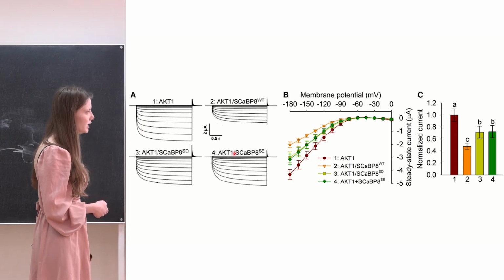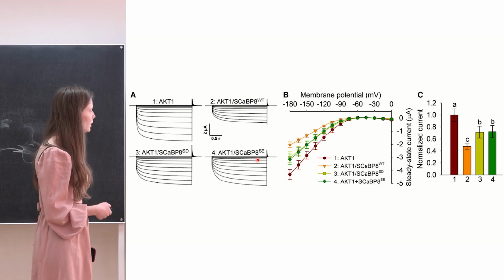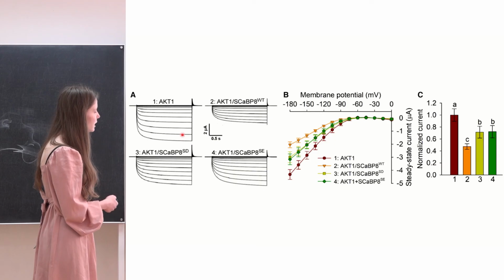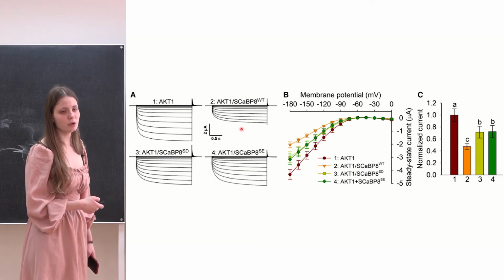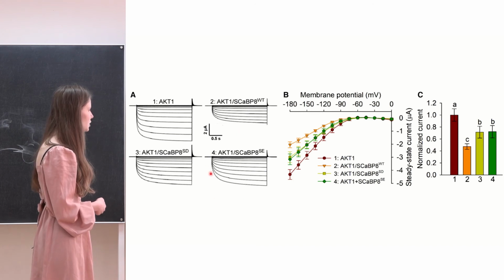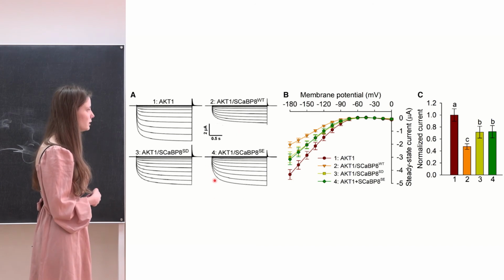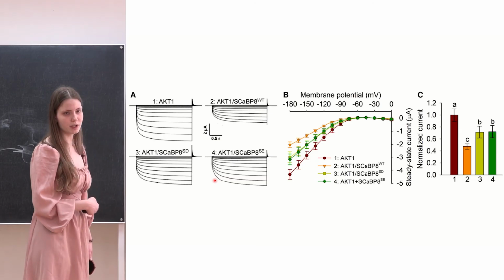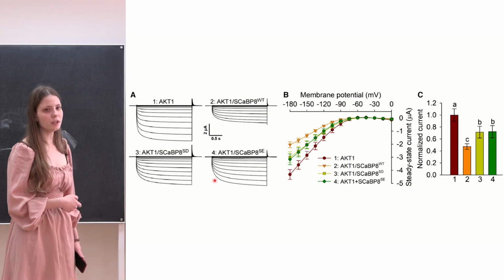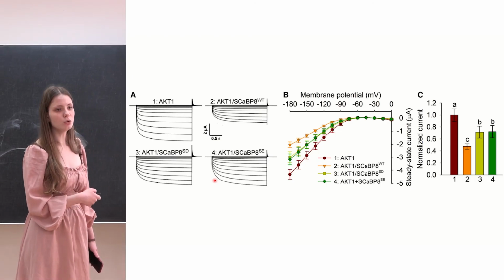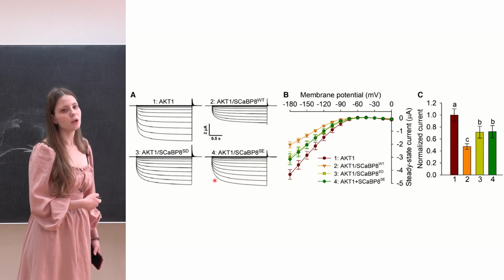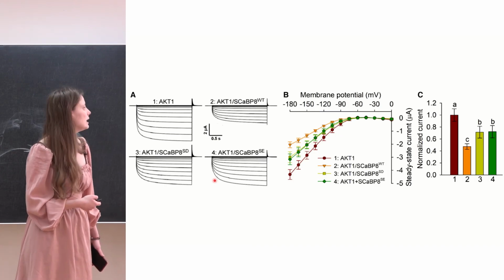А если фосфорилирование полностью сломается, то он будет несколько более активен, чем полностью ингибирующийся AKT1, но мы видим, что эта активность ниже по сравнению с тем, когда мы имитируем фосфорилирование. То есть, по сути, это доказывает, что именно по этому участку должно осуществляться фосфорилирование с КБП8, чтобы снимать ингибирование с AKT1 канала.